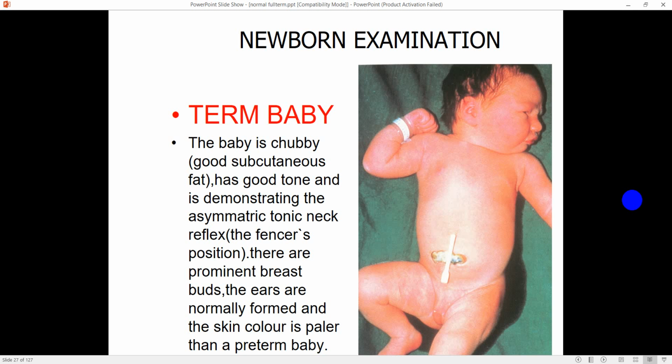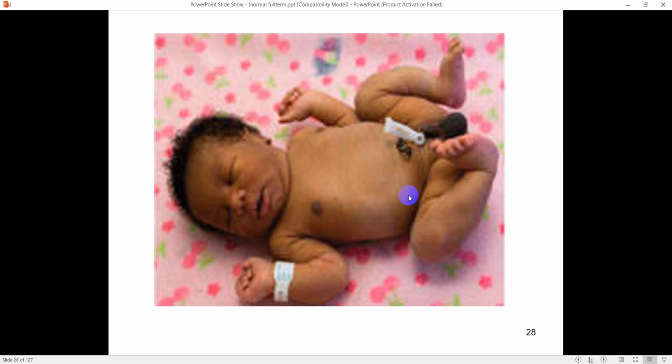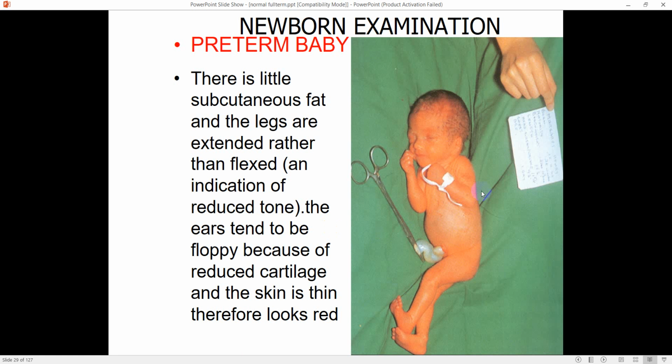Also, he is characterized by prominent breast bud and ear cartilage. This picture is more prominent. This is the nipple. The breast bud is clear, while this is not so clear in a preterm baby. This is a preterm baby. When he is lying, there is extension of the lower limbs.